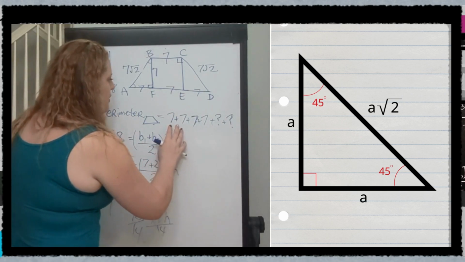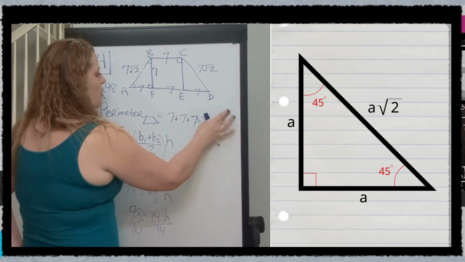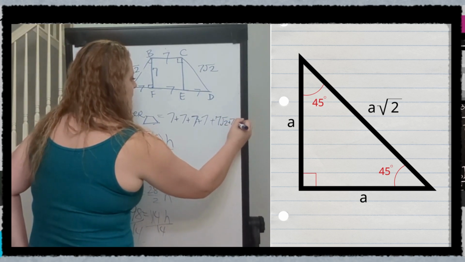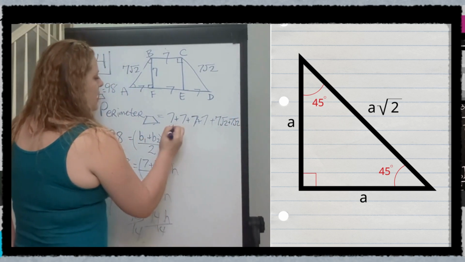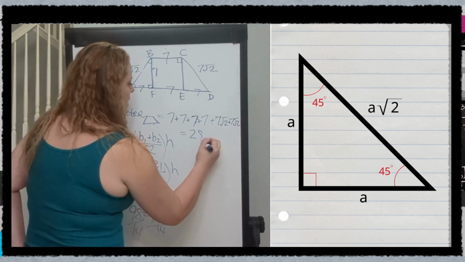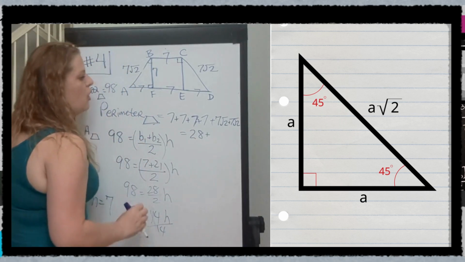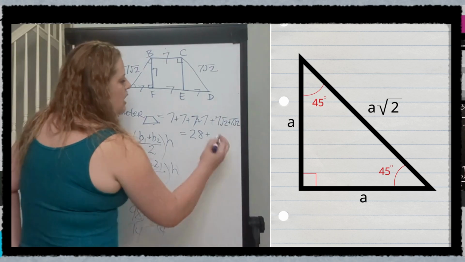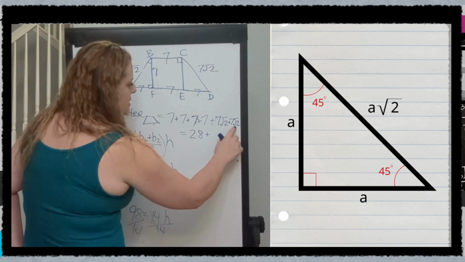Adding this all together then, our question marks, 7 square root of 2, 7 square root of 2. So 7, 7, 7, 7 is 28 plus. When you add with square roots, you kind of treat them like they're an x. So I have 7 square roots and 7 square roots.